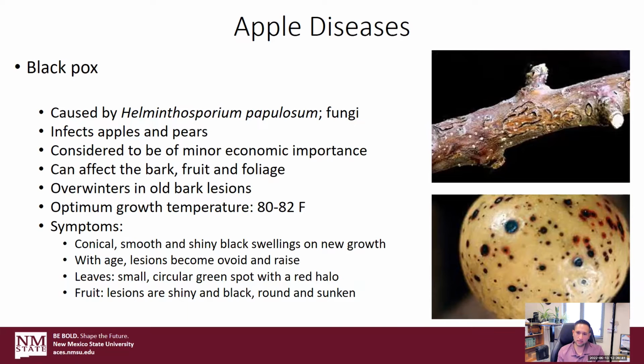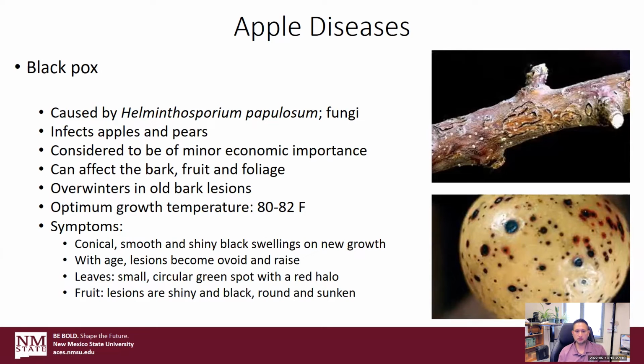When it's about 80 to 82 degrees, that's the optimal growth temperature for this fungus. Some of those symptoms you can see on the fruit are pretty obvious. You see the conical, smooth, shiny black swellings here on the new growth. Once those age, they become this really dark black looking spotting.